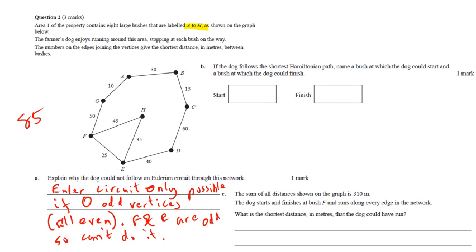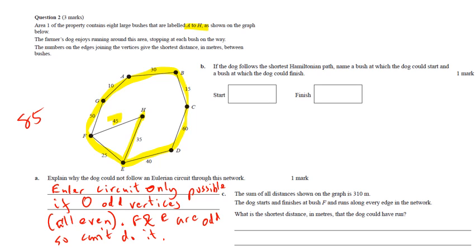If we were to try and avoid the 45, what would happen? So this 45 here. So we would either start at F or H. So let's start at H, go down to E, around, and then to here.